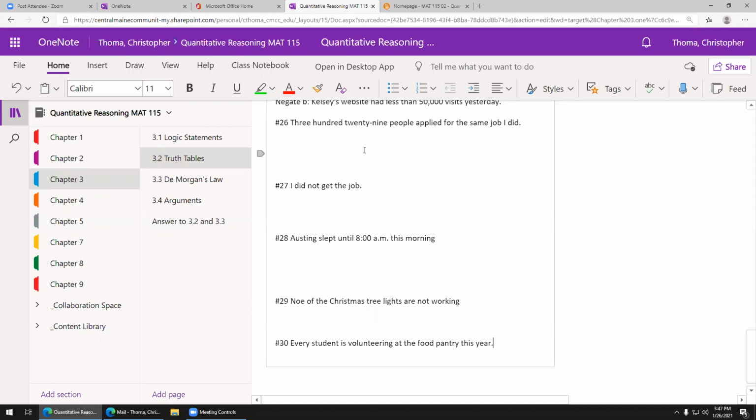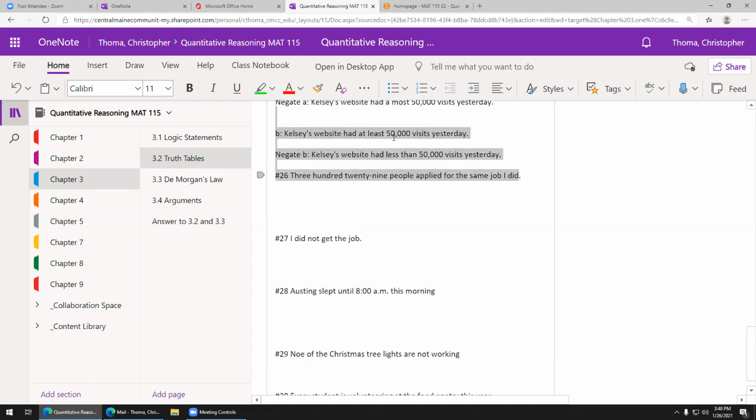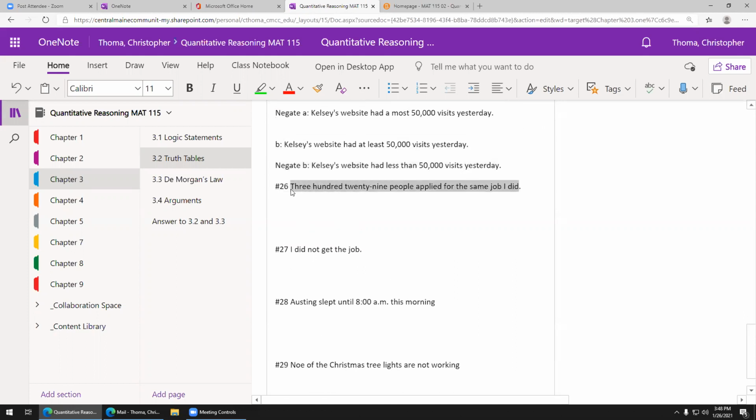I'm really good at grammar, but this is a stumper for me. I don't understand these very well. So 329 people applied for a different job than I did. Is that what you said?